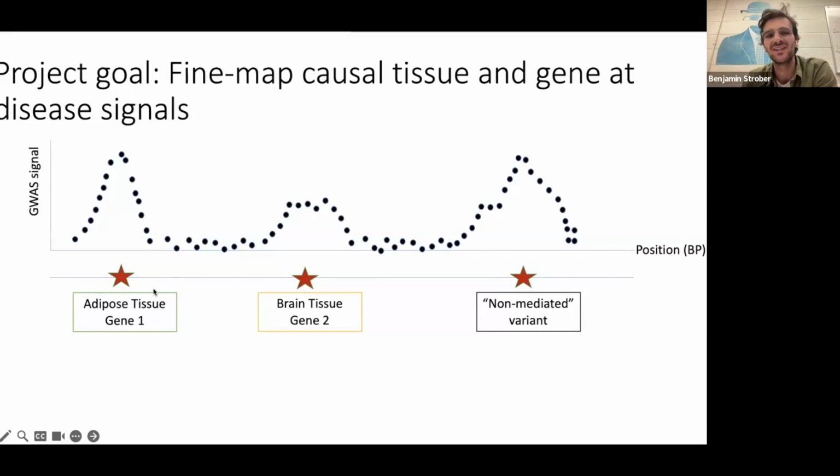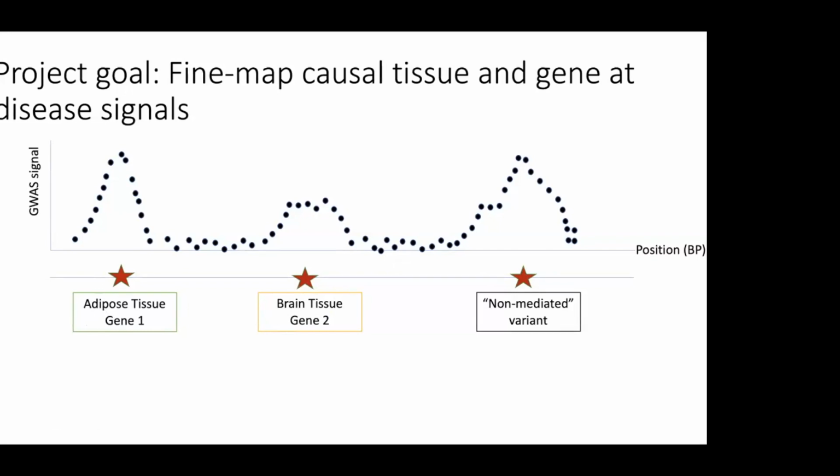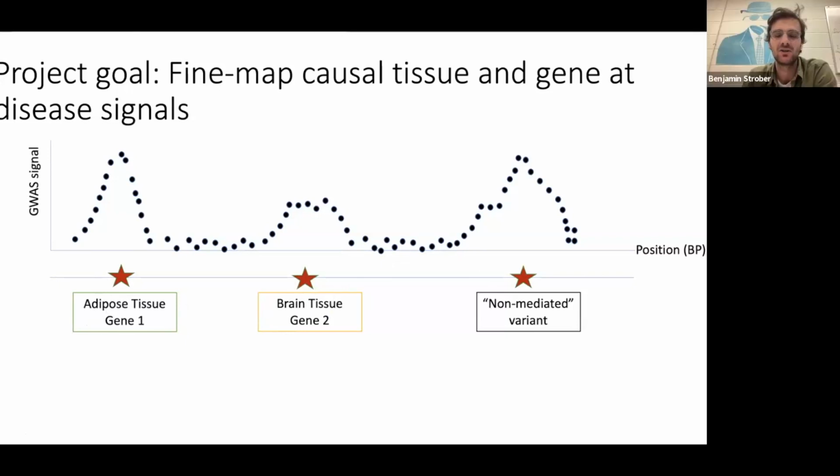We're going to call it gene 1 in the tissue, adipose tissue. And then there's potentially gene 2 mediating the disease signal in brain. And then there's this third signal that doesn't go through any gene in any of our assay tissues. And we're going to call this a non-mediated variant, meaning the disease signal doesn't go through any assay tissue or gene.